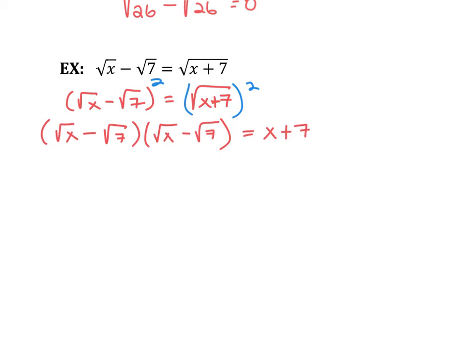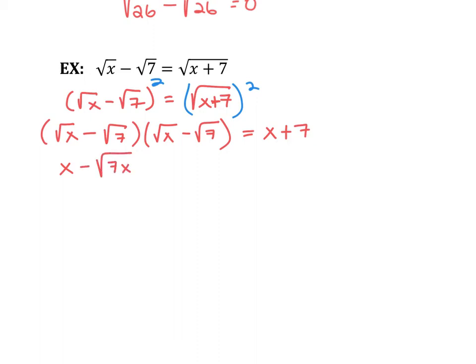Okay, so if we now go through and FOIL the left-hand side of the equation, here's what we're going to get. We're going to take the square root of x times the square root of x for our first terms, and that will simply be x. Then if we take our outside terms, we would have the square root of x times a negative square root of 7. We're going to get minus the square root of 7x.